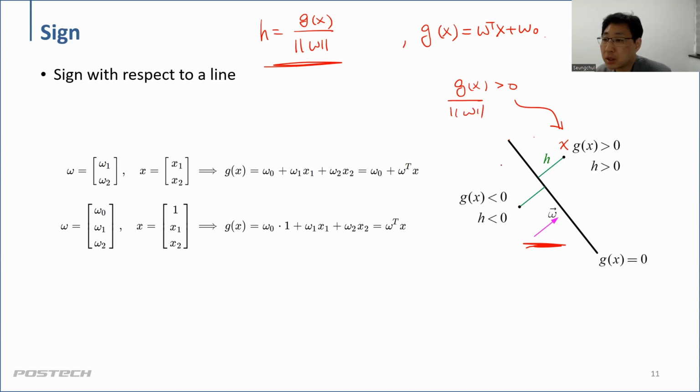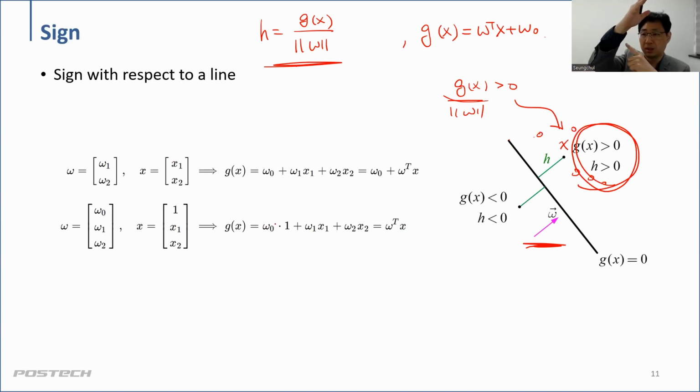So suppose we have any data points in this direction of omega, the distance is positive. On the other hand, any data points in that direction, here, the distance and g of x is going to be negative. Positive and negative.